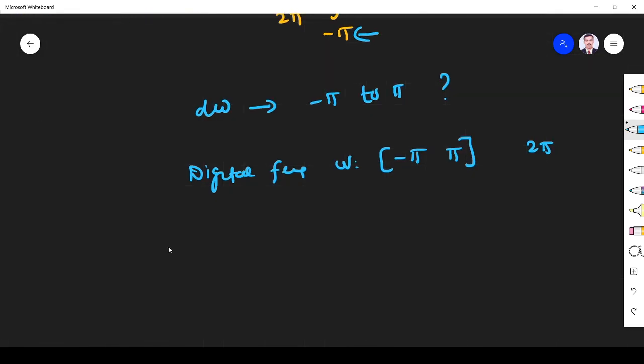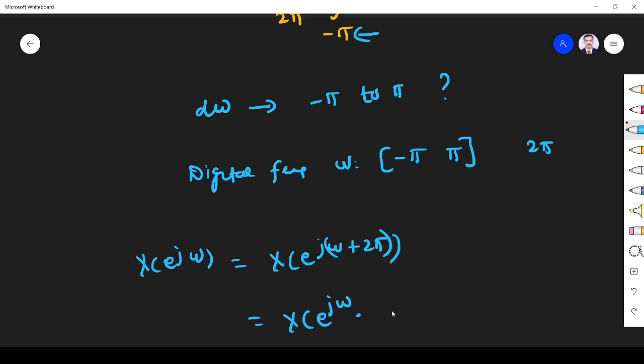Another thing is, x of e power j omega is equal to x of e power j omega plus 2 pi. What is the reason? You see x of e power j omega plus 2 pi is equal to x of e power j omega into e power j 2 pi.